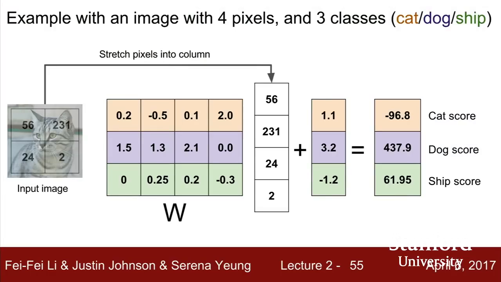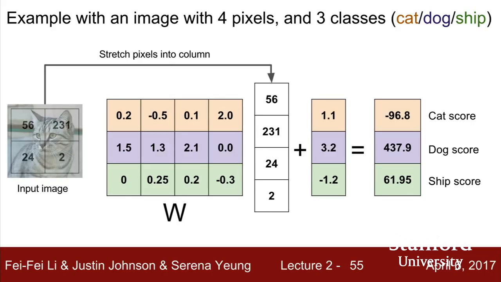If you think pictorially about what this function is doing, in this figure we have an example on the left of a simple 2 by 2 image, so it has 4 pixels total. The way the linear classifier works is that we take this 2 by 2 image and stretch it out into a column vector with 4 elements.